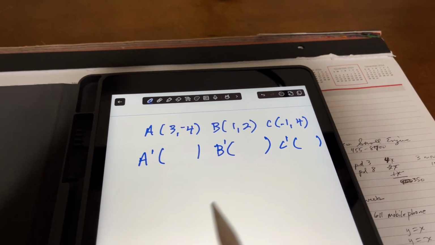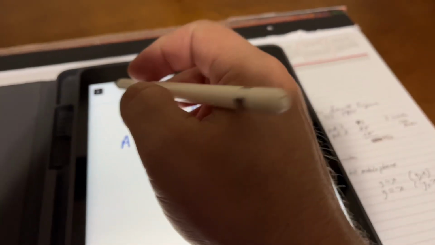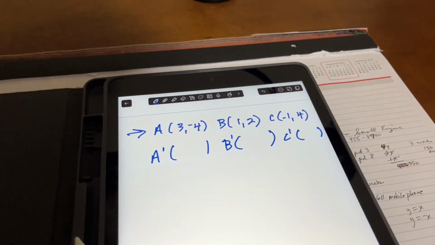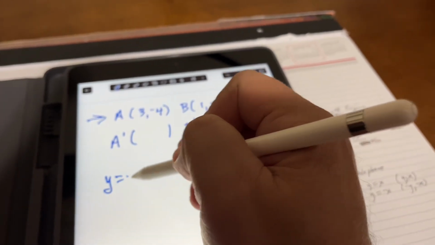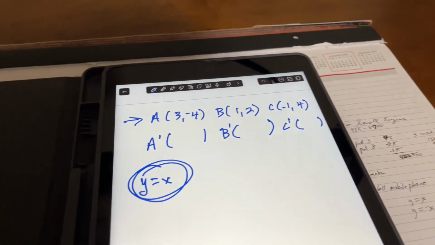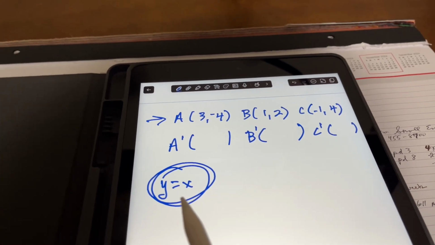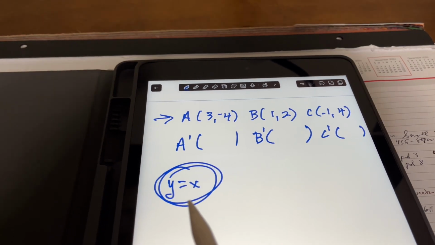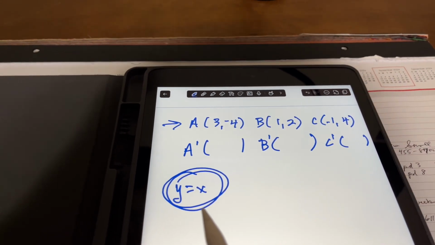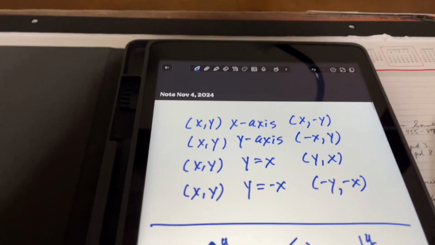So for example, if they said reflect this image over the line y = x, you've got to pay attention to what they're saying. If these are reflected over this line, then what I'm going to do is just interchange the x and y values. That's what it said here, right?